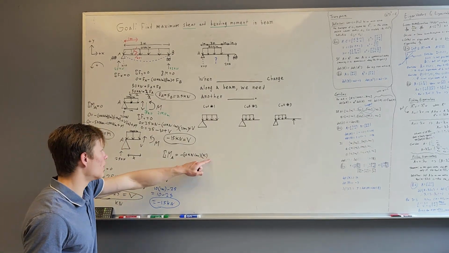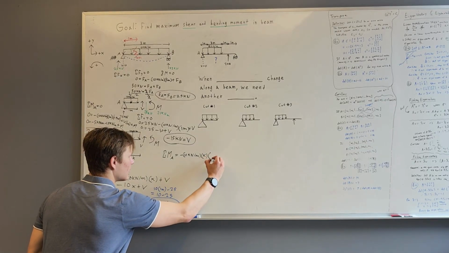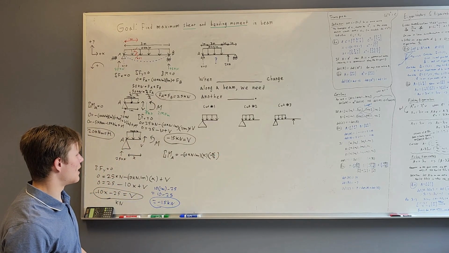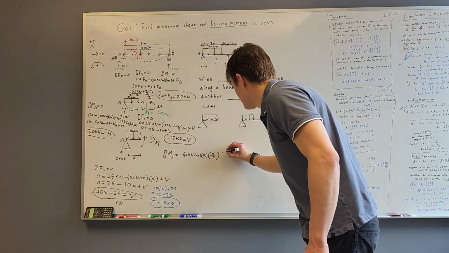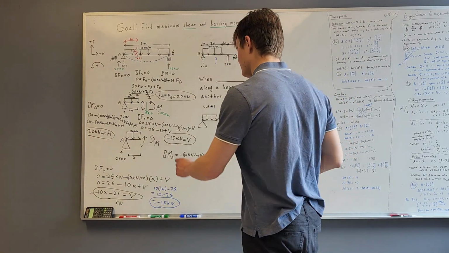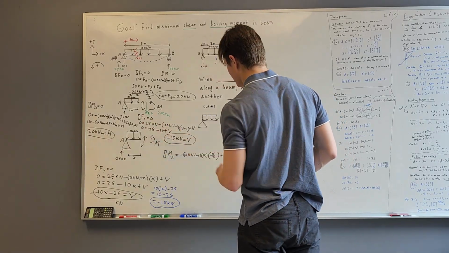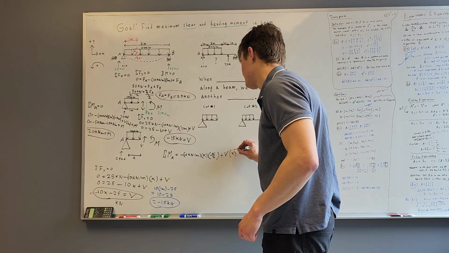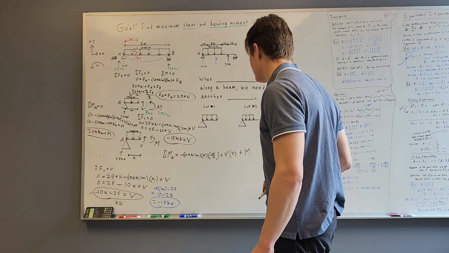And then the moment arm is half of this distance, so x divided by 2. And then we have plus V, because positive moment, because it's going counterclockwise, plus V acting at a distance of x, and then plus our moment.